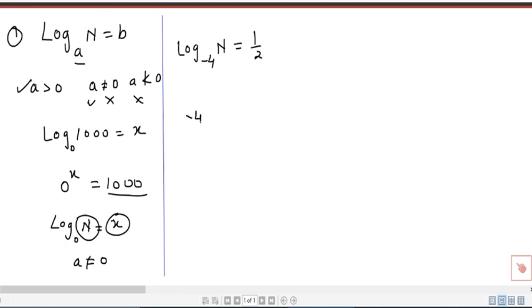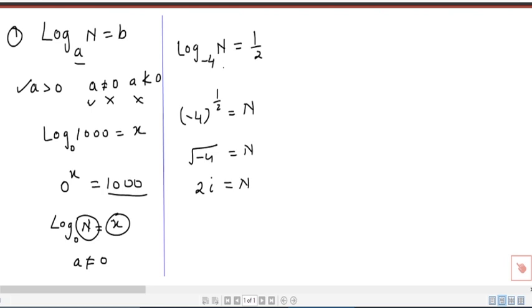It means minus 4 to the power 1 by 2 is equal to n, which means the square root of minus 4 is equal to n, which gives you 2i. So n is an imaginary number in this case. So sometimes you get a real number and sometimes you get an imaginary number. So n is not strictly in the real domain.